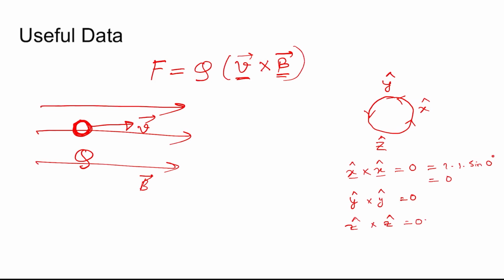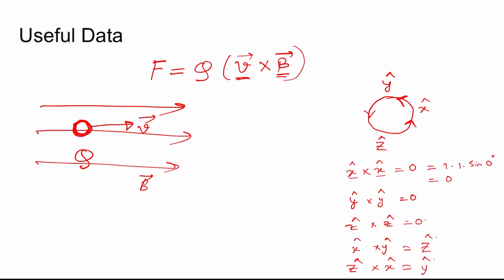Now if someone asks you to find x cross y, then remember this diagram: the direction of arrow matches, so just write z. If someone asks you to find z cross x, then z cross x also matches the arrow direction, z first then x, so it will give you y.